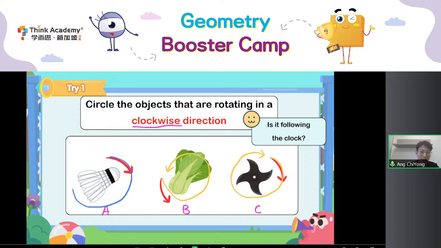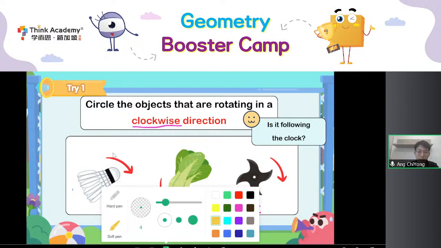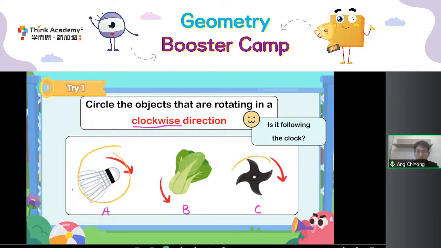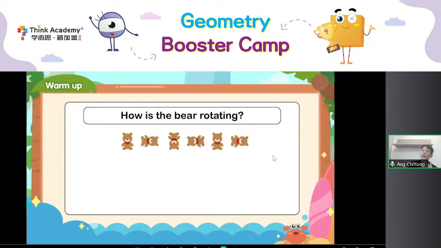Very good. Okay, let me circle the correct answers. The answer is A and C. Okay, very good job, Daniel. Very good job, Xingyu. Okay, let me circle A and C. A and C. Good. Now, we're going to try something more difficult. Let's take a look at this one.